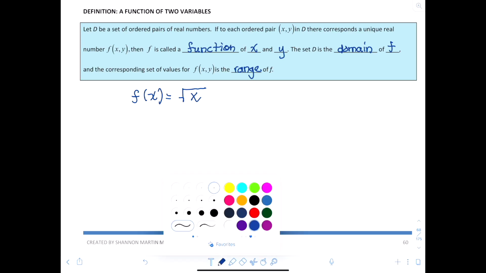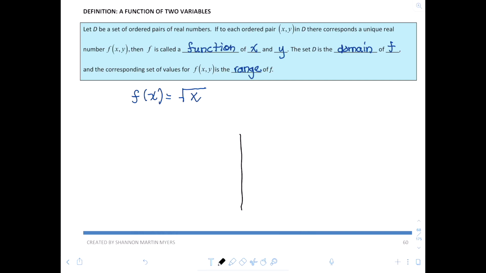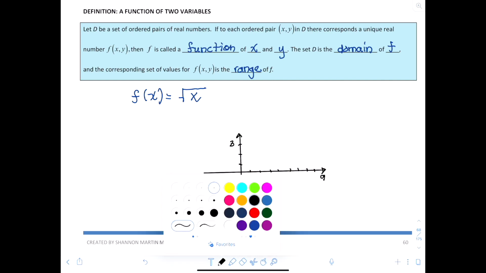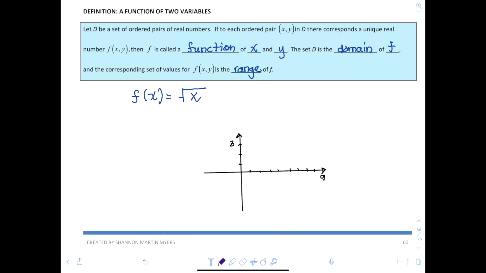I mean, if we were to make a graph here, then what would our graph look like? We'd have an ordered pair at 0, 0, 1, 1. If we're in the real number system, we're not going to be having any negative values under the radical.